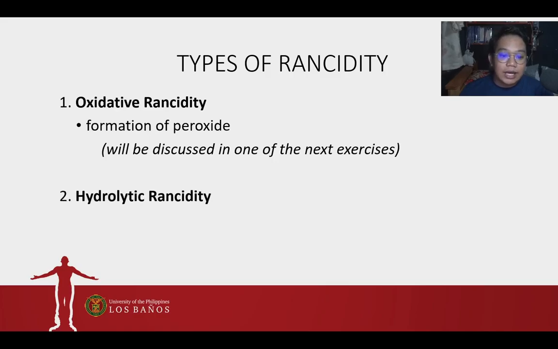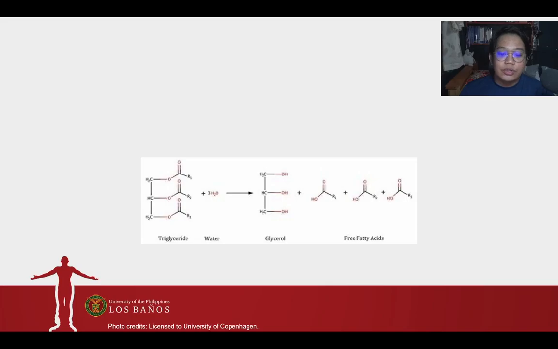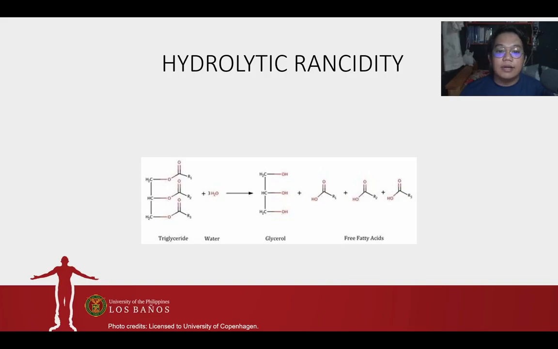Then for hydrolytic rancidity, this is the formation of your free fatty acid and salts of free fatty acids due to the presence of water. Okay? So hydrolytic meaning meron kang water na present dun sa ating reaction na nagkakaroon ng cleavage of ester linkages that forms the glycerol and your free fatty acid.